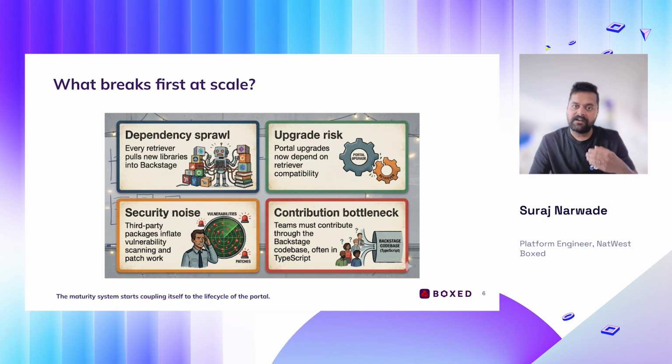Because of this, the contribution to this system got narrower than it should be. Because now teams had to work through the Backstage repo and all its conventions, often in TypeScript, whether that made sense to them or not. None of these issues kill the model immediately, but together they make the platform harder to evolve.